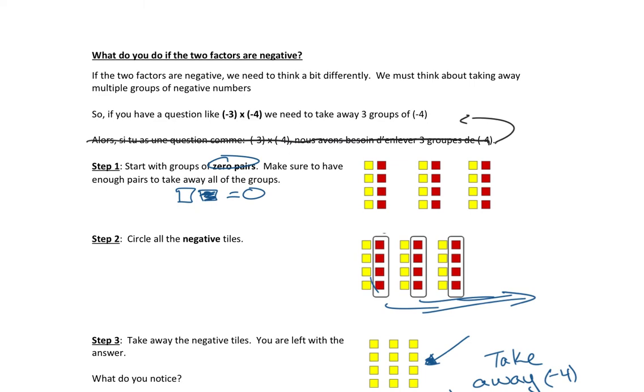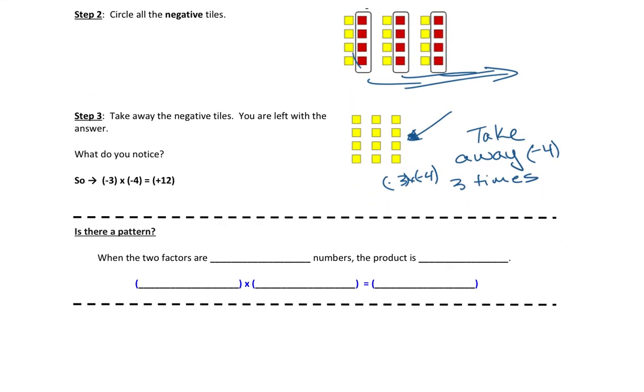So really, when we are doing multiplication of two factors that are negative, we're actually going to get a positive number. Okay, so if we have a negative times a negative, we get a positive number. And this is always going to be the case. If we have two negative factors, it's going to give us a positive answer, okay?